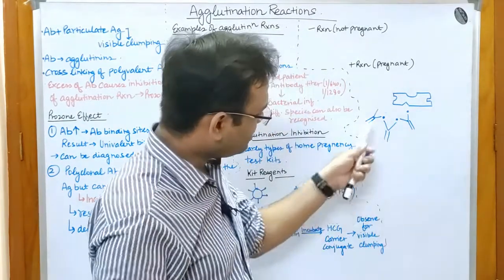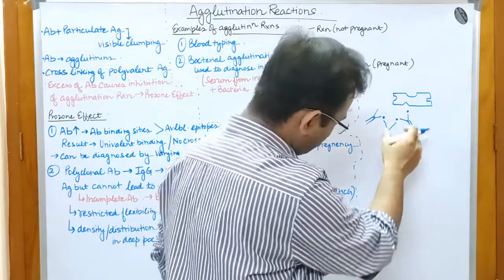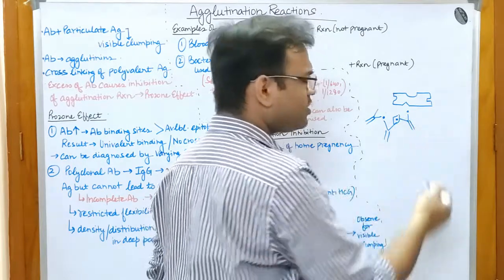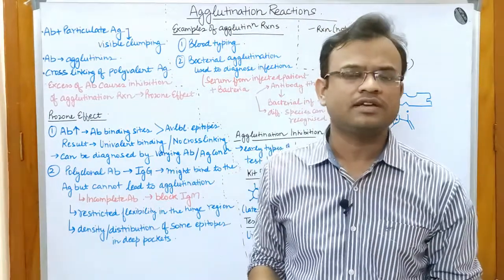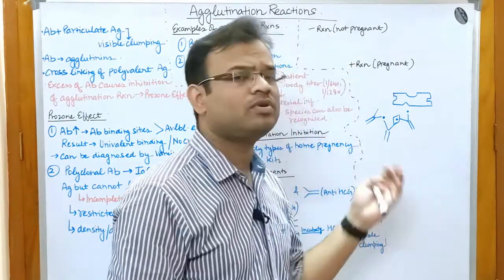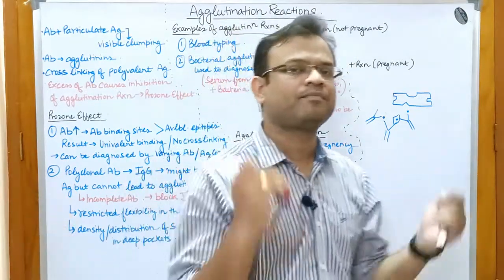I'm not drawing the complete diagram, but you can see that to this antigen there are two antibodies bound. There is a cross-linking that you can see. If this cross-linking is not present, there would be no visible clumping. This would not come down, this would not clump.